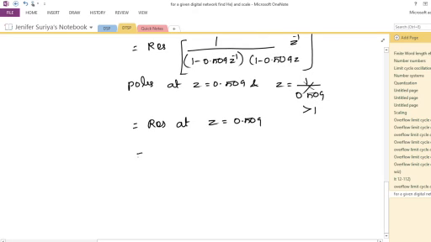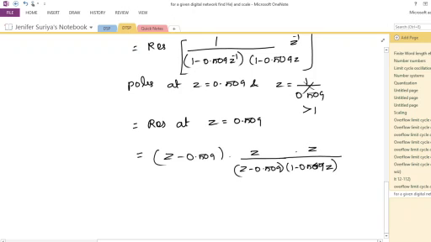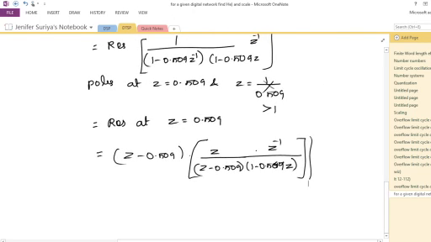That is Z minus 0.509 into Z divided by Z minus 0.509 into 1 minus 0.509 Z into Z inverse. At that time, we apply Z is equal to 0.509.